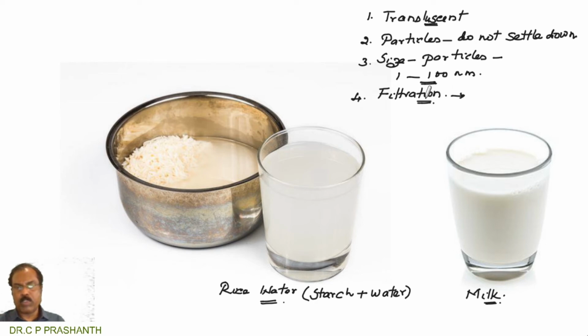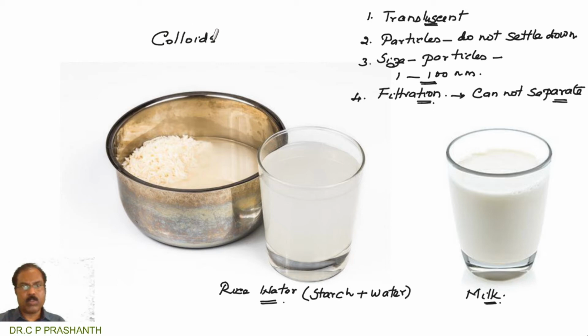By normal filter paper, we cannot separate the particles of this type of mixtures, and we call such mixtures colloids. What kind of mixture is this?